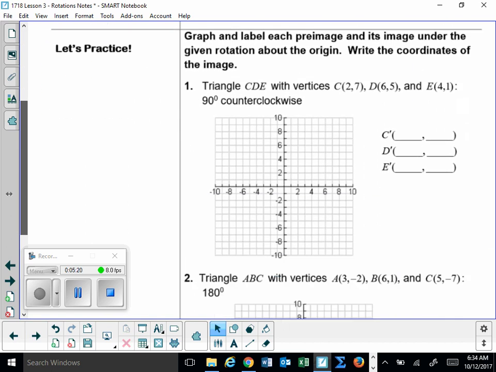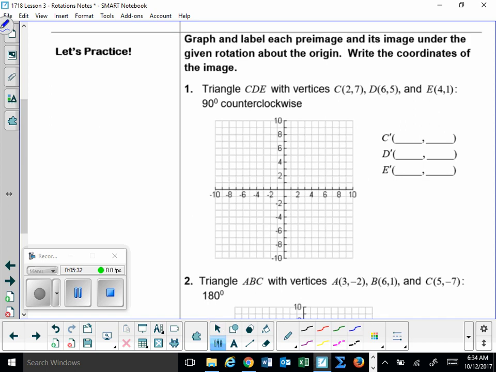All right, let's graph and label each pre-image and image under the given rotation. So we have triangle CDE with vertices C at 2, 7. D is at 6, 5, and E is at 4, 1.